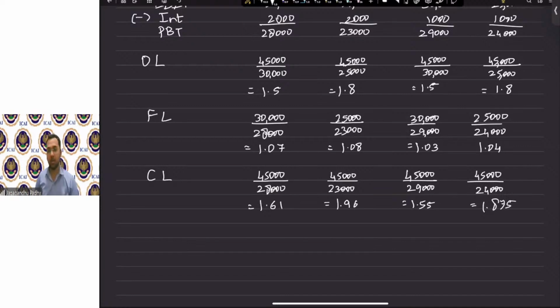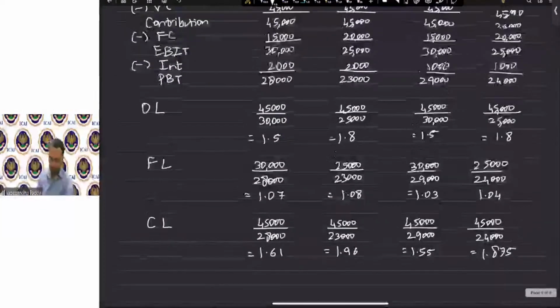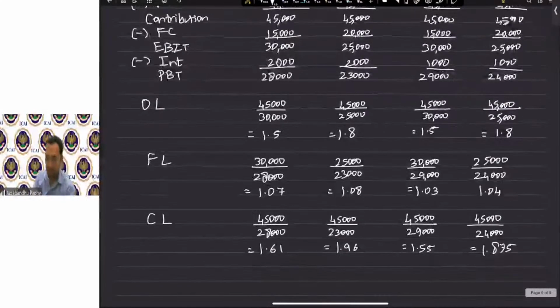This is 1.875. We are ready with all the leverages. Are we all getting these leverage numbers? Please verify, guys. Please check. Are we getting this?